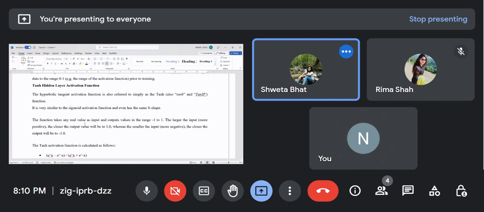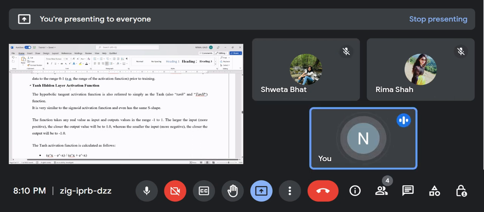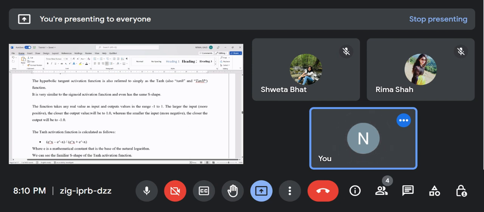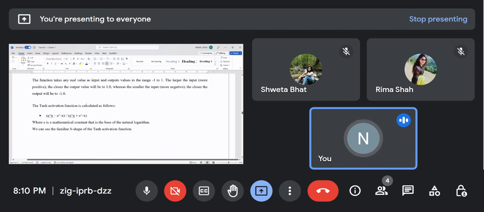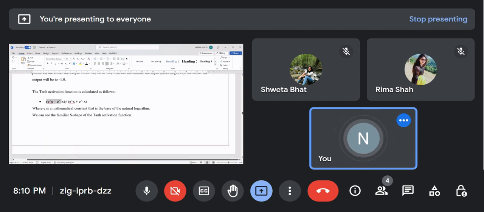Okay. Now, the next is your tanh activation function, that is hyperbolic tangent. Again, like the tan function in trigonometry, its expression is given like this: e to the power x minus e to the power minus x divided by e to the power x plus e to the power minus x.